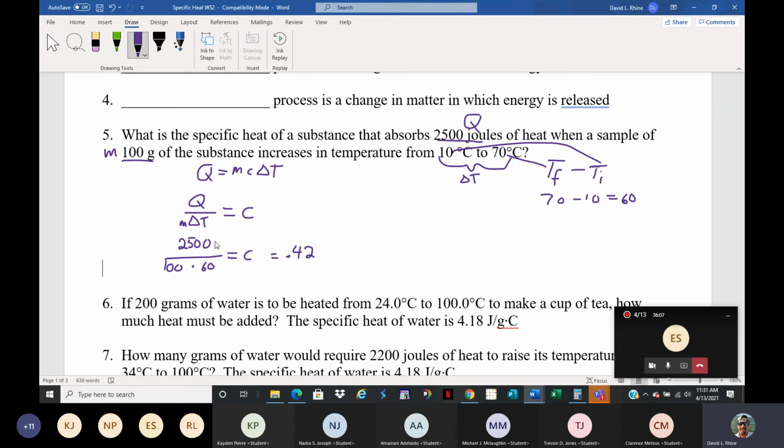Now that's joules, because this is joules per, what's my mass? Grams. This is degrees C. So joules per gram degree Celsius.